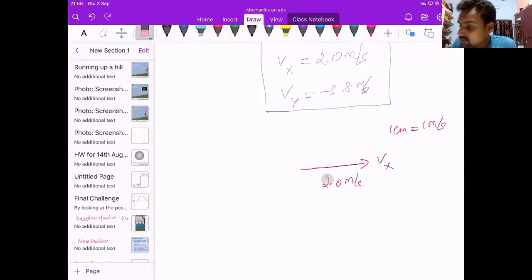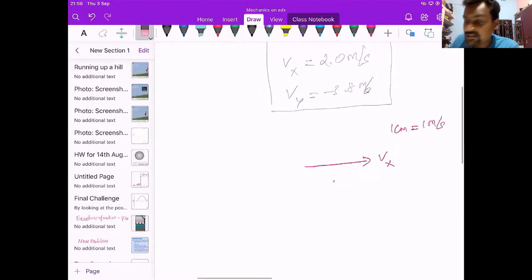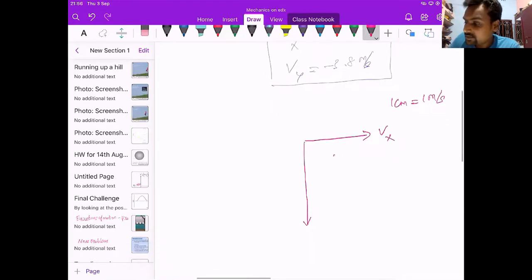So it's drawn across the x-axis because it's the x component and it is acting in the positive direction. Now Vy is minus 3.8 meter per second, so my line should be like this, right? So if I have to show it, this has to be 2 centimeter. This line has to be 3.8 centimeter. Now these are the two vector components of the motion.